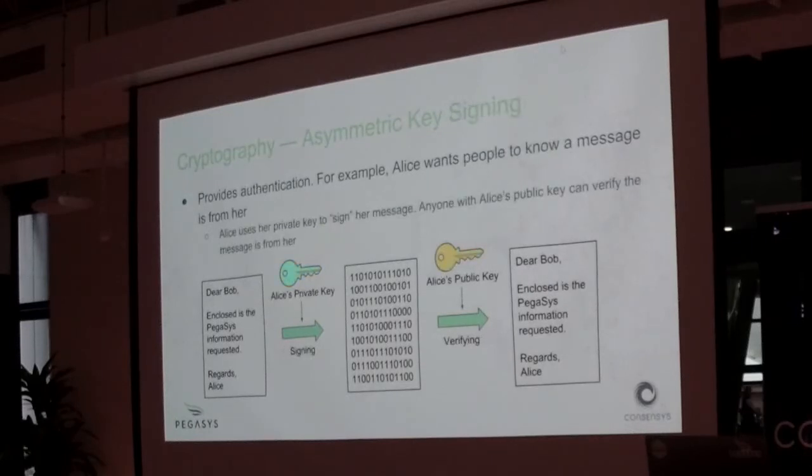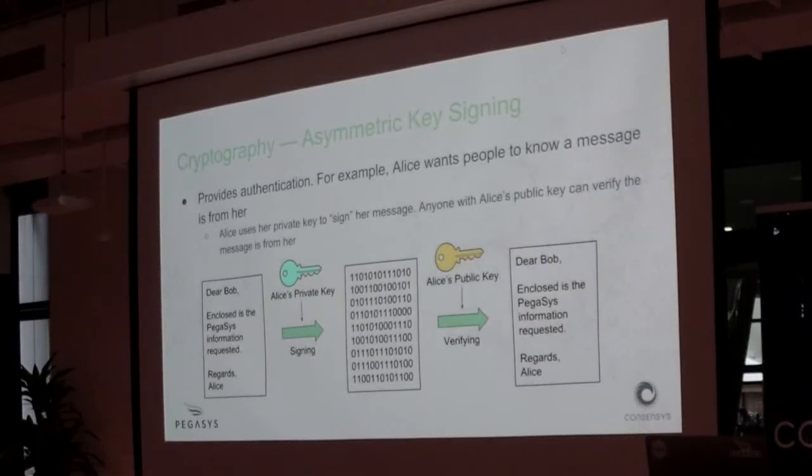We can reverse that. So instead of data protection now, we can now provide authentication using those two keys. This time, Alice wants to send the message to Bob. She doesn't care if it's a secret or not, but she just wants to make sure that Bob knows that the message came from her and not from anyone else.